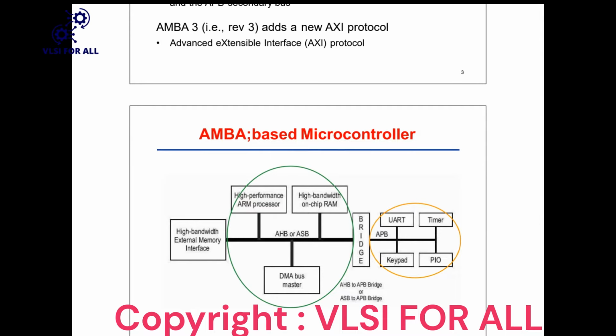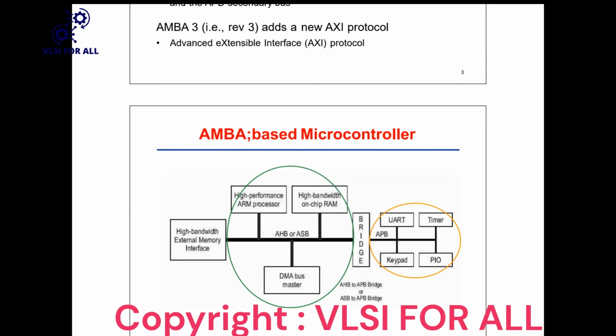At the LHS you will find four subsystems, and all of them work at high frequency and high bandwidth. So that's why we can use AHB, AXI, or ASB, but mostly we use AXI nowadays. Since AHB is written here, let's consider AHB only. The ARM processor has to communicate with the keypad, let's say. So the ARM processor gives its transaction to AHB, and through the AHB bus that transaction has to go to the keypad.